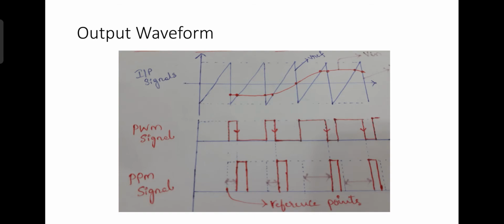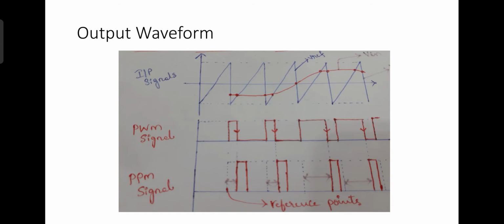The input signals, that is the sawtooth waveform and the sine waveform, are both compared in the comparator block. At the output of the comparator we get the PWM signal. See the falling edge of the sawtooth signal, we get the rising edge of the PWM signal, and at the rising edge of the sawtooth signal we get the falling edge of the PWM signal.